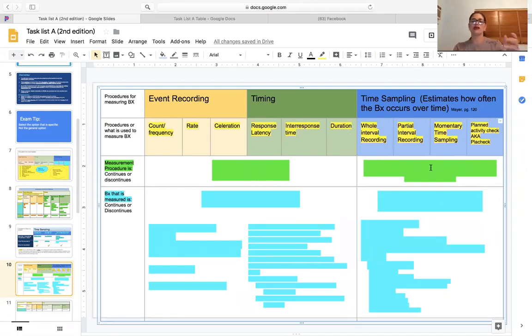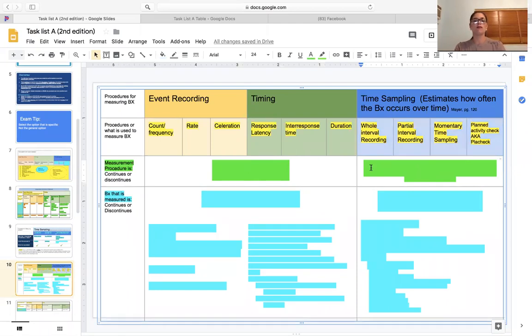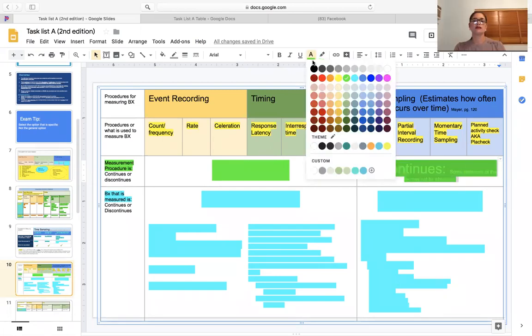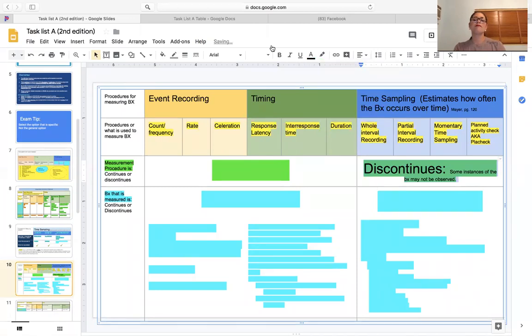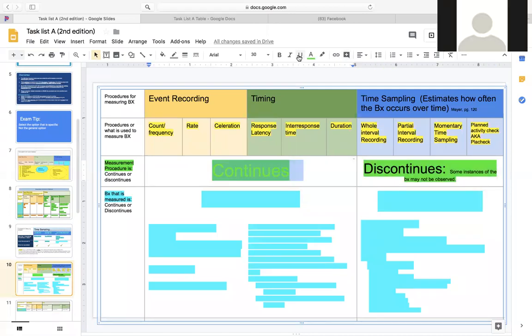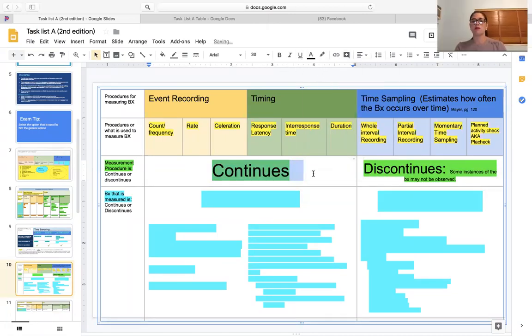It's less confusing, so let's go with my method. What type of measurement procedure is time sampling, continuous or discontinuous? Discontinuous. Nice. So that means that event recording and timing are continuous. That's the best way to remember it.